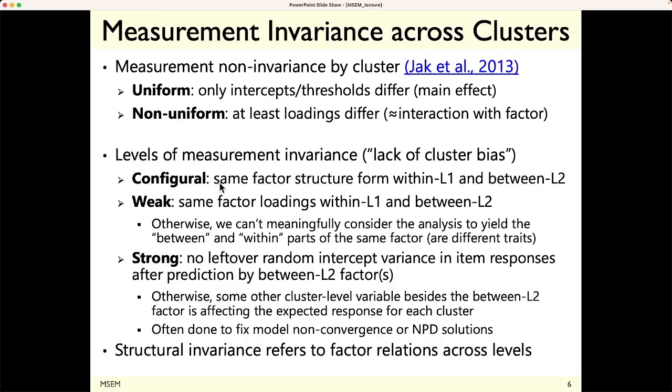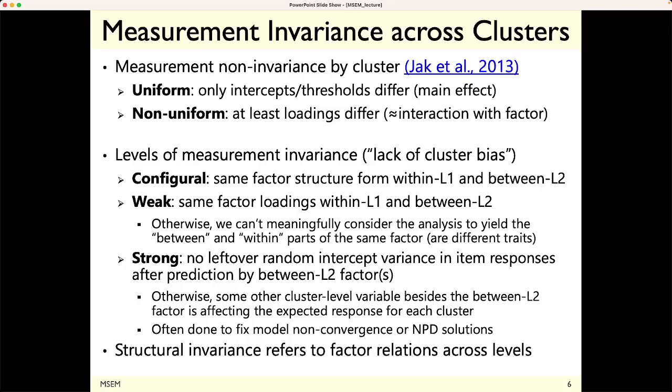In the CFA version of measurement invariance, or factorial invariance as it is called, you would say that you have at least configural invariance if it's the same type of factor structure at both levels. So like in the picture that we just had. It would be considered weak if you have the same factor loadings at level 1 within and level 2 between.